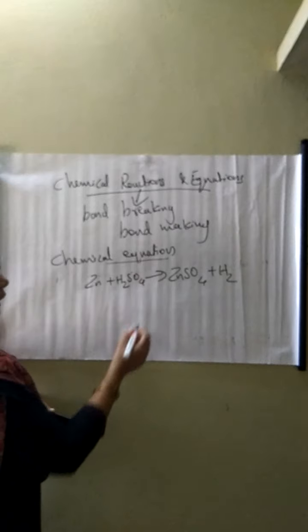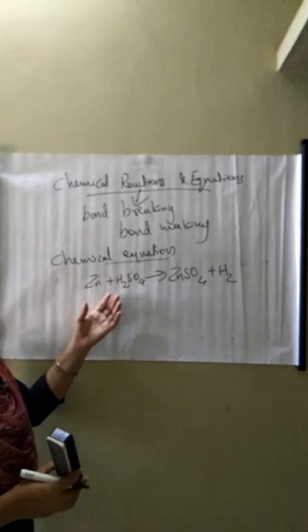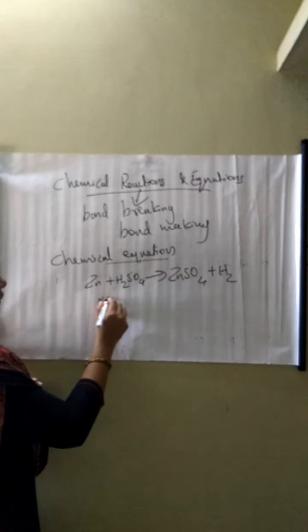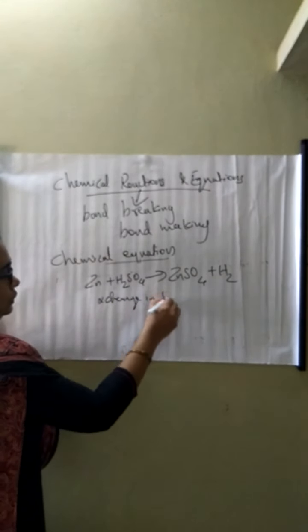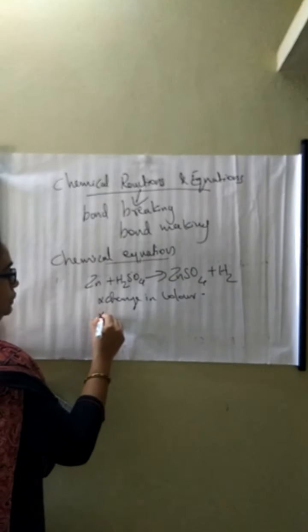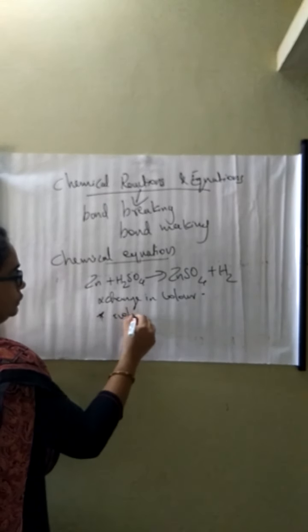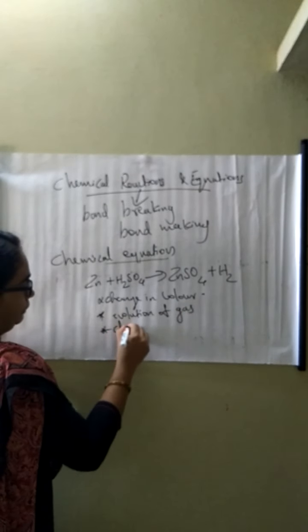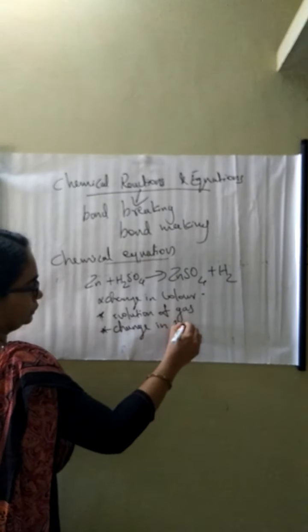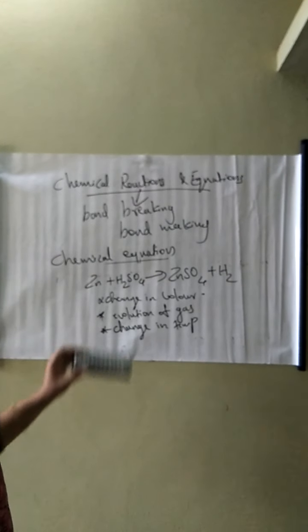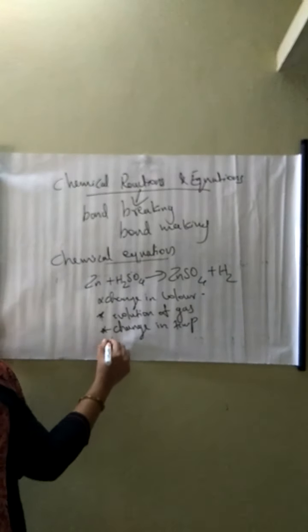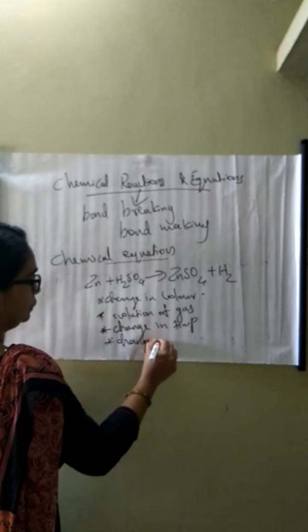During a chemical reaction, how can we understand whether a chemical reaction has taken place or not? There will be a change in color, then evolution of gas, then change in temperature, and also change in state.